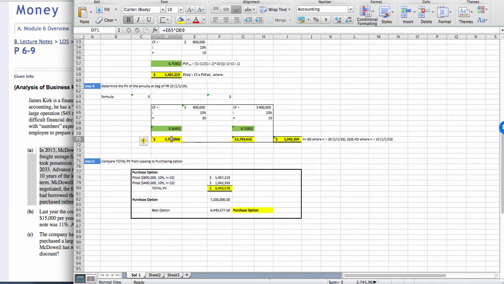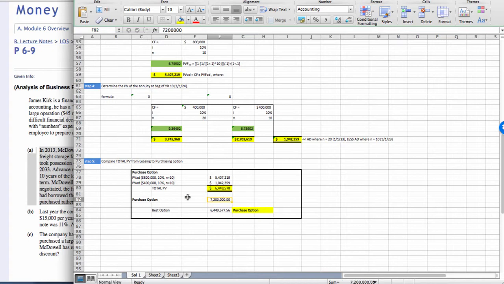This number 3.7 million minus 2.7 gives you 1.042 million as your net for that second annuity period. Then you go to step 5 and you add up the present values of those two annuities to come up with a total present value for the full set of cash flows, and it gives you $6.449 million.